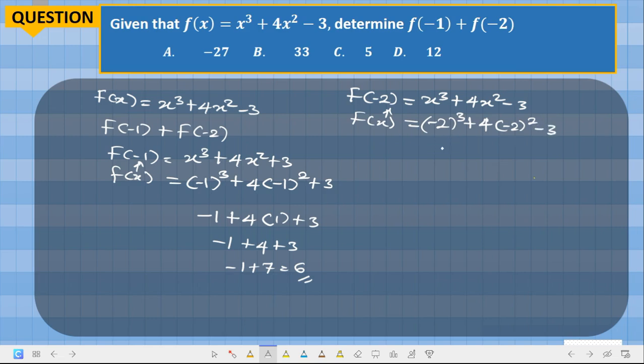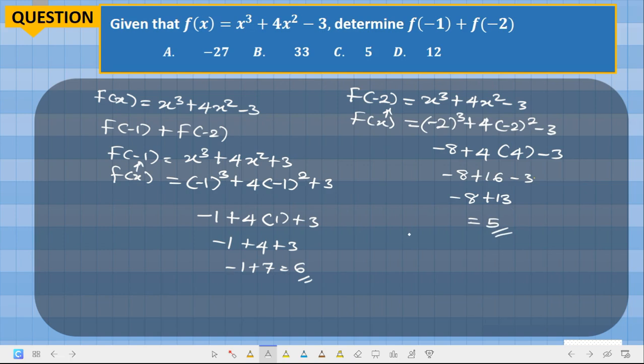Minus 2 raised to the power of 3 is minus 8 plus 4 minus 2 square is 4 minus 3. And this becomes minus 8 plus 4 times 4 is 16 minus 3. And this gives us minus 8. 16 minus 3 is plus 13. And this will be equals to 5. Minus 8 plus this is 5.